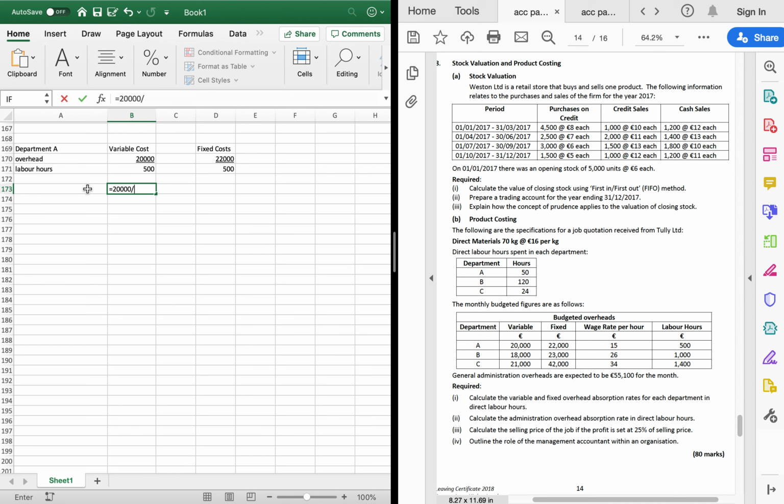So you get 40 per hour, and then 22,000 divided by 500 would be 44. 44 euros per hour. So that's our Department A done, and you just repeat that for each of the departments.